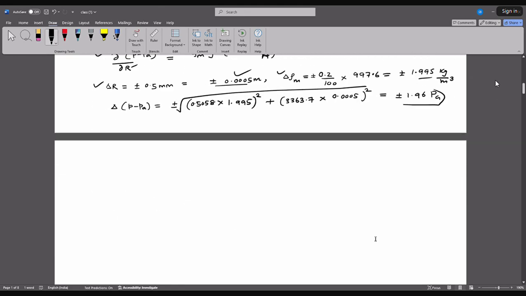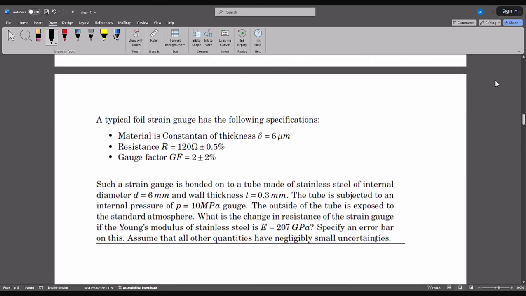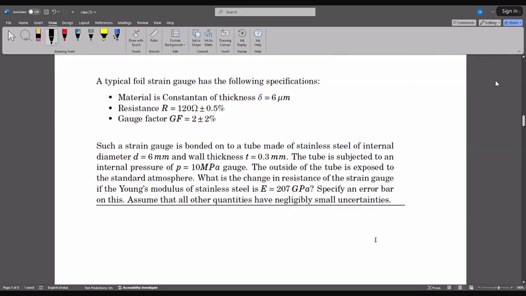Right. So the next question we are going to solve is on a strain gauge for pressure measurement. As we discussed, strain gauges are part of a Wheatstone bridge, and initially the bridge is balanced. When you have an unbalanced pressure, the gauge element gets deformed.